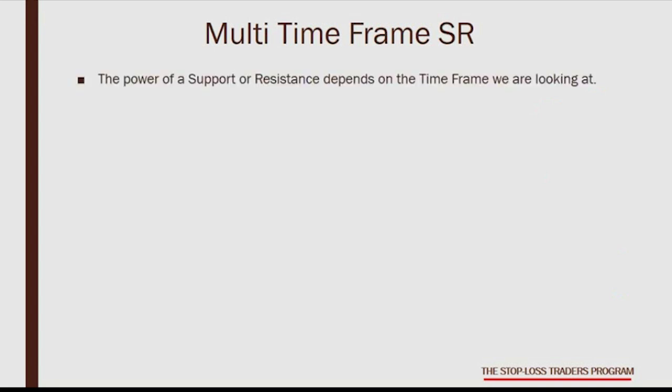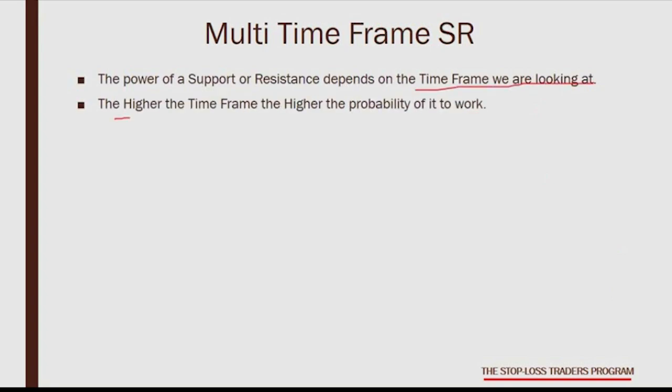Can you see? It came down. That particular resistance again gave some support and price moved up. After a couple of days, when price came back to that resistance, see, that resistance now became a support. Can you see this resistance line?